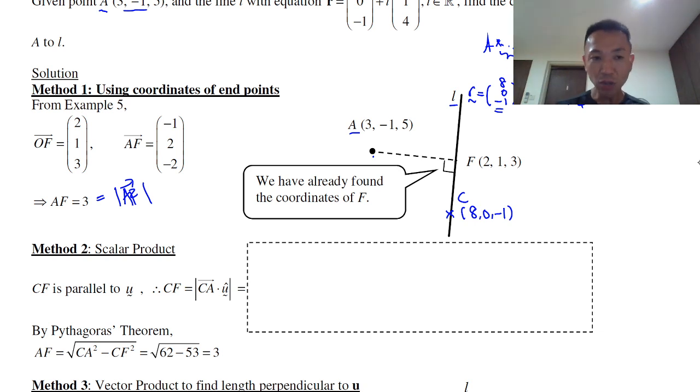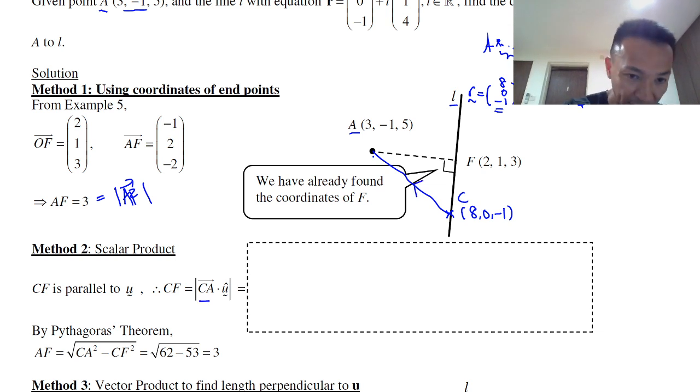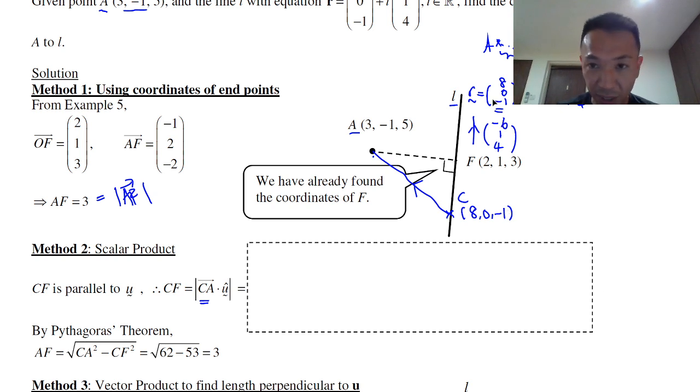Now, can I use length of projection if I take CA dot this direction vector, which is minus 6, 1, 4? Why do I know it's minus 6, 1, 4? This is the direction vector of the line here.